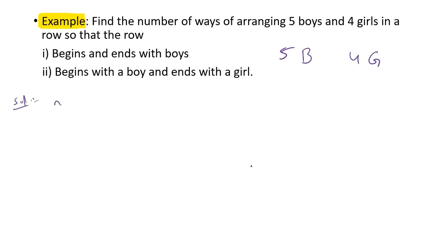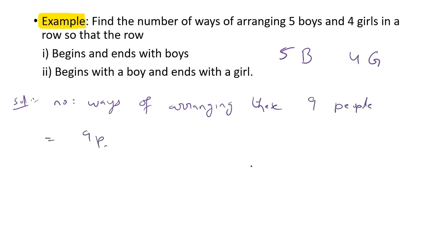So the number of ways of arranging these 9 people is equal to 9P9, which is nothing but 9 factorial. So these are the total number of permutations without any constraints.